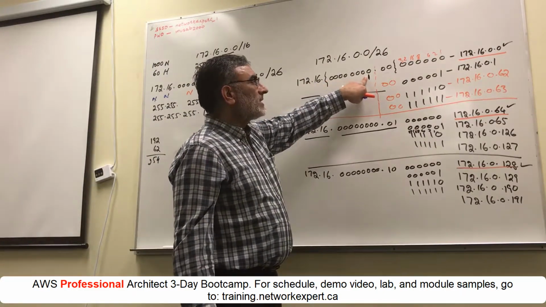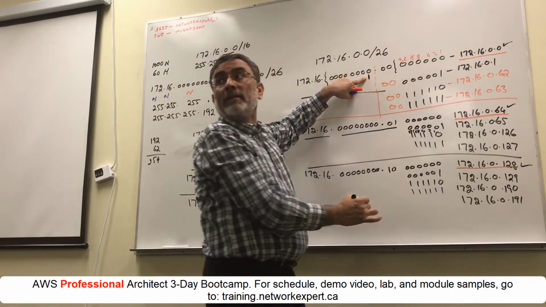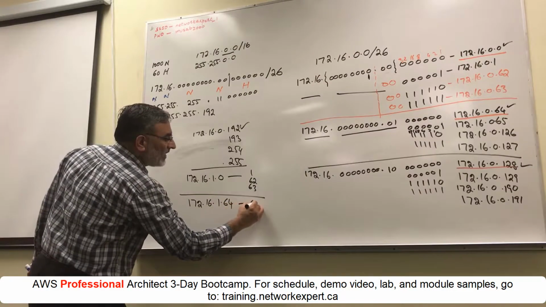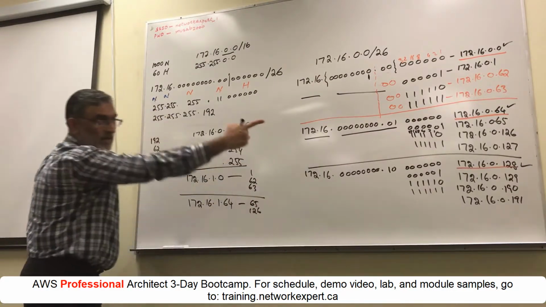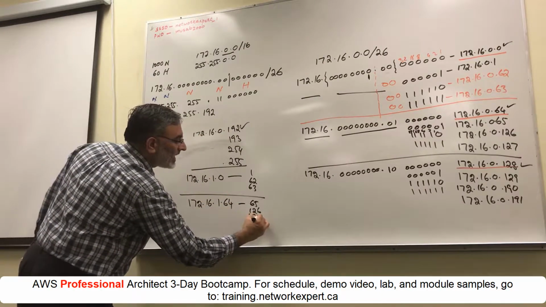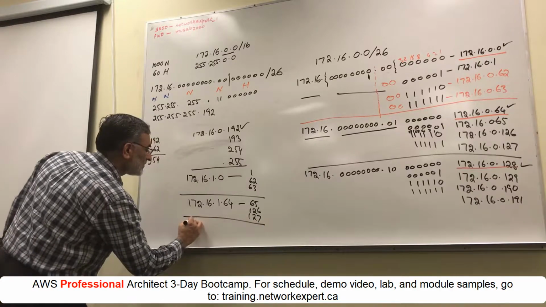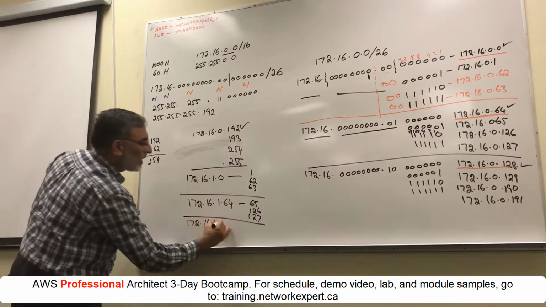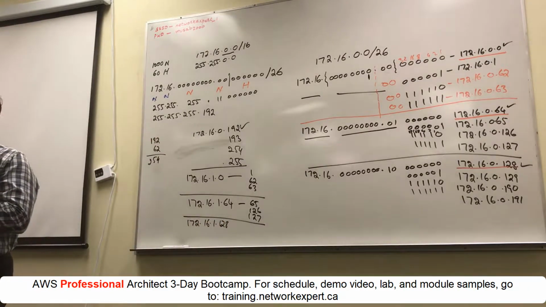Because now I'm just keeping this as 1 and I'm changing these 4 again. Okay? 64, 65 is first valid IP address. 126 is the last valid IP address. 127 is the broadcast address for this subnet. I will keep this as it is. 172.16.1.128 is my network. See?